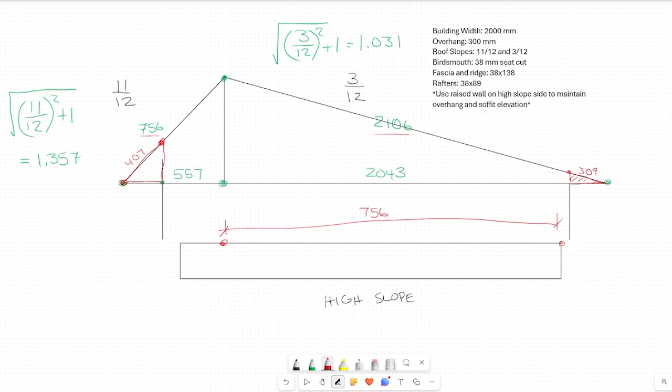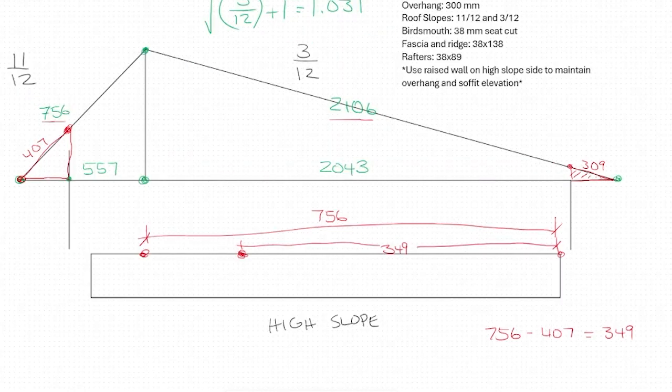Then we'll take the 756 and subtract 407 millimeters. It equals 349 millimeters. And that will give us a point up here where our bird's mouth will be. So now with our tape hooked in the same location, we measure 349 millimeters. And that will give us this point here.